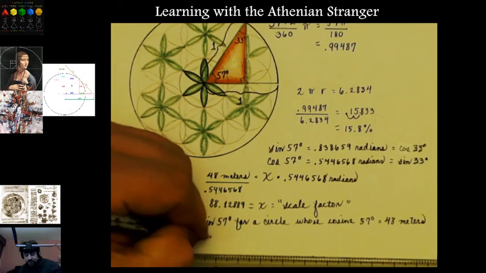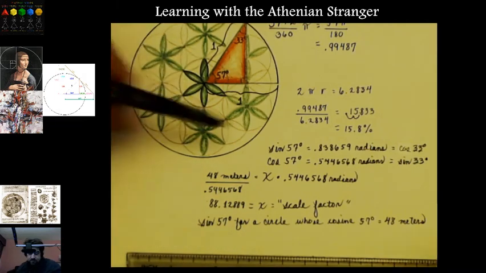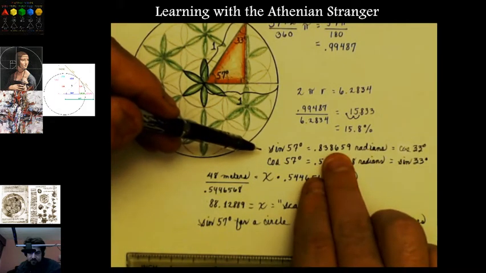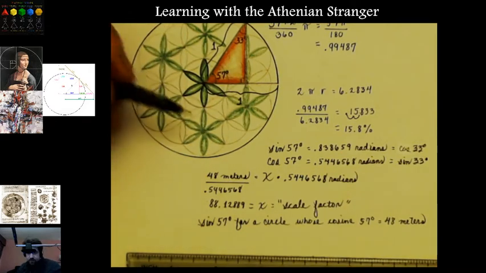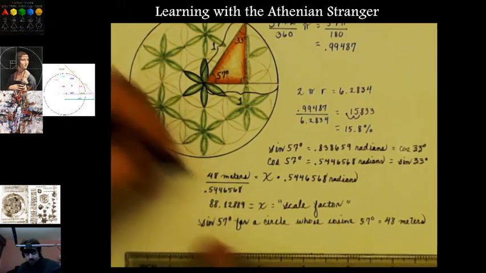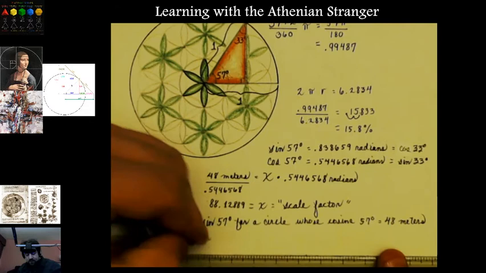What I do is I take my sine of 57 radian measurement for a unit circle of radius 1, and I multiply by my scale factor.